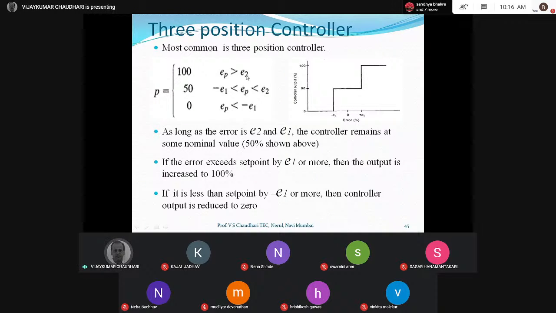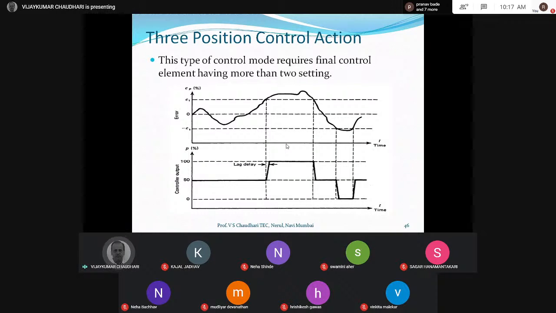Whereas if it is greater than E2, the output is 100%. So as long as the error is between minus E1 and E2, the control output remains at 50%. If the error exceeds E2 or more, then the output is 100%. If it is less than the set point by minus E1 or more, the control output is 0. Right? So this is the multi-position, or rather three-position control. This can be explained here with this figure.